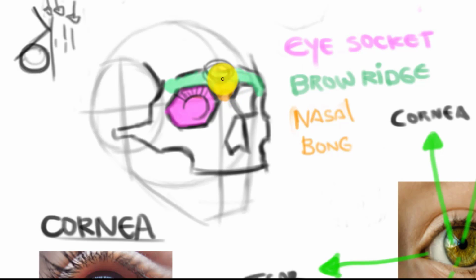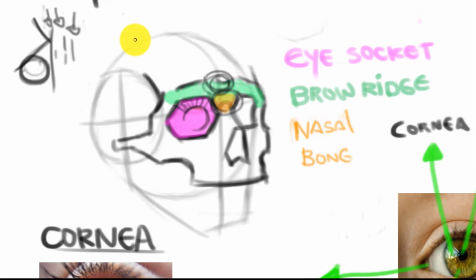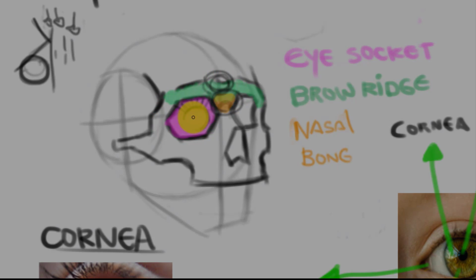Men tend to have this area smaller, so this bone tends to be smaller in men, and that actually surprised me, because before I learned it I thought it was the opposite, since we men tend to be bigger than women. But anyway, that's the way it is. So yeah, those are the three main bones that make up the area around the eye.